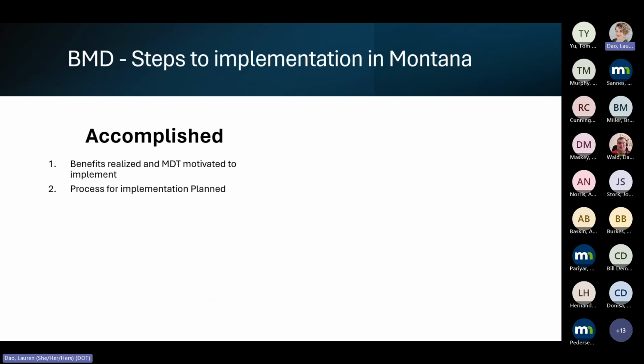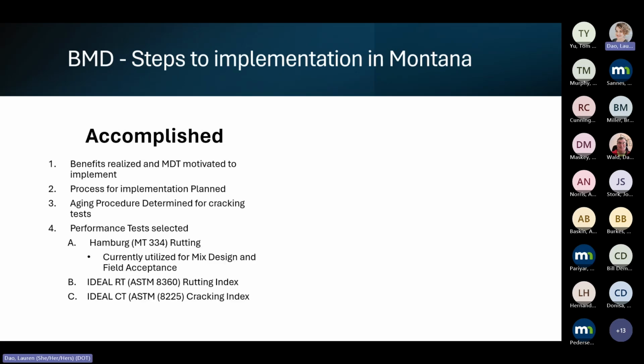We're basically following the process for implementation outlined in the CAPRI documents, for those that are familiar, the steps to implement. We've decided on our aging procedure. We're going to go with the Wisconsin procedure. We got the Hamburg, and we're in the process now of correlating the IDEAL-RT to the Hamburg. We originally decided on the CT, and as has been discussed, those correlations aren't as prevalent as the Hamburgs are.